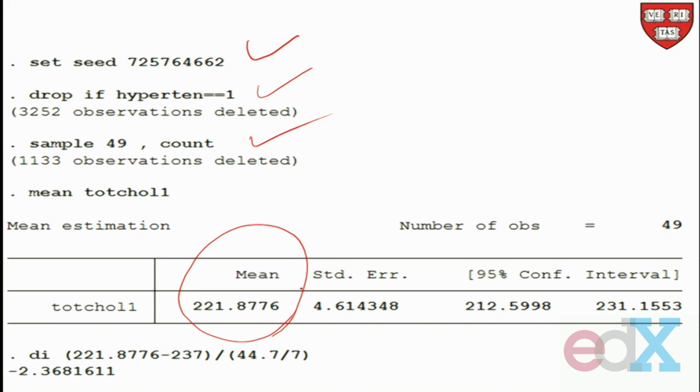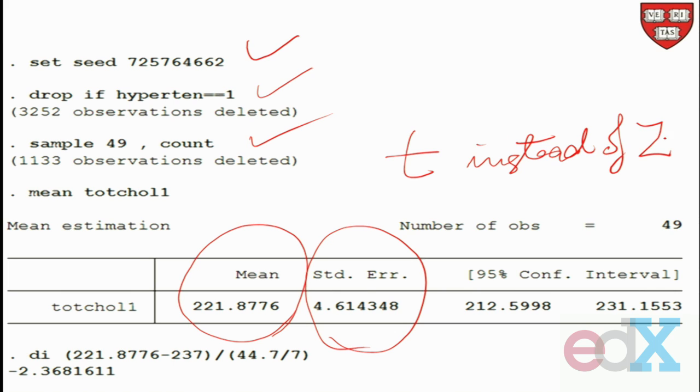Now, I didn't use the standard error. Had you used that standard error and used the t instead of the z, then this is what you would have gotten as your confidence interval, and that too rejects the 237. The 237 doesn't go in there either.